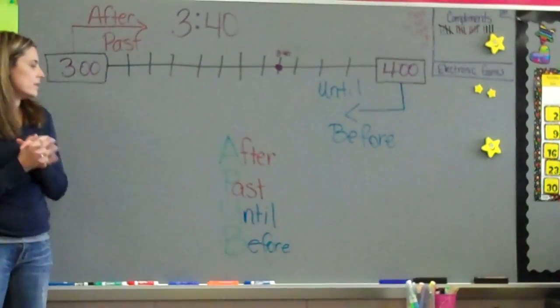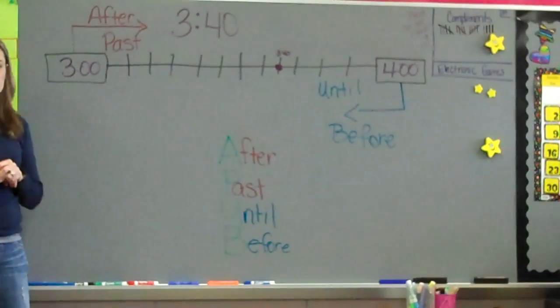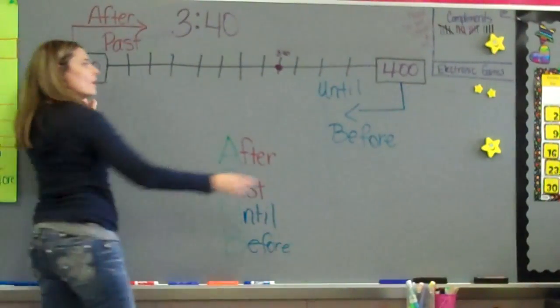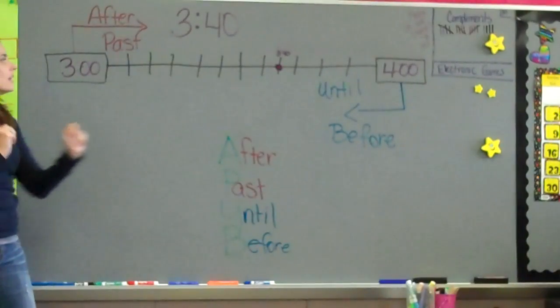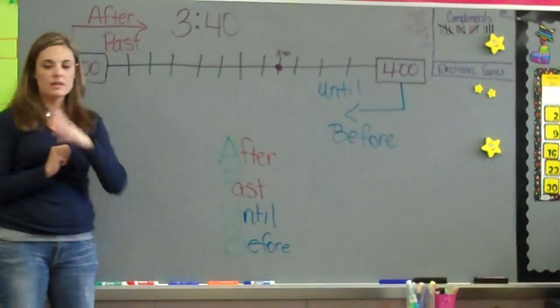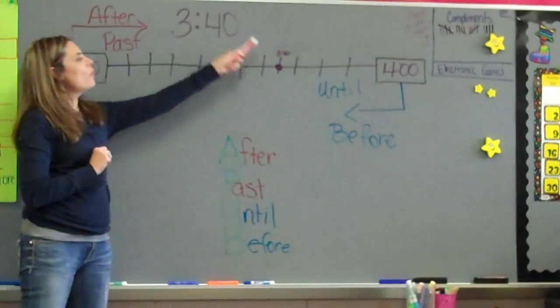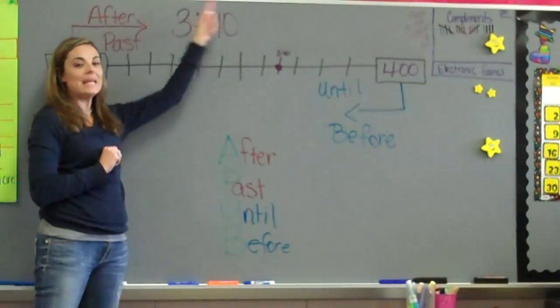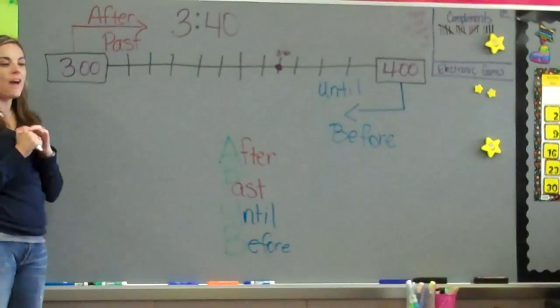So here's how we're going to find out. Step 1, write our time. Step 2, put our times in the boxes. Step 3, time on a line. Here's step 4. Now I'm going to find what comes after, how many minutes after. So I'm going to count by 5s.